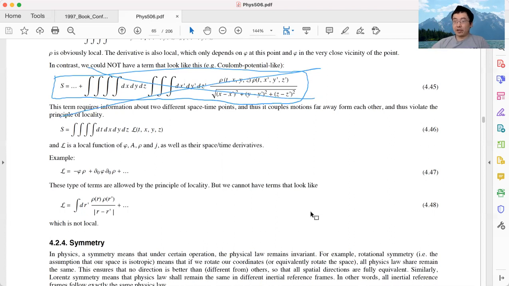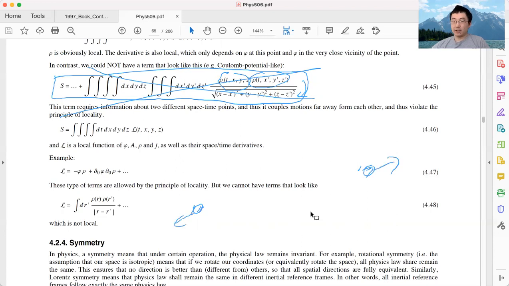If you look more carefully at this term, you will recognize that it is nothing but Coulomb's law. Charge density at one point, charge density at another point, and the numerator is the inverse distance between the two points. So in other words, Coulomb's law is prohibited by the principle of locality, which is true, right? Coulomb's law tells us if we have a charged particle here and another charged particle here, there will be a Coulomb force between these two particles.